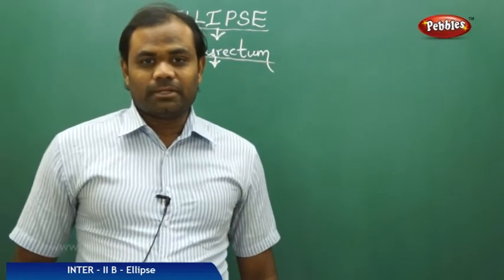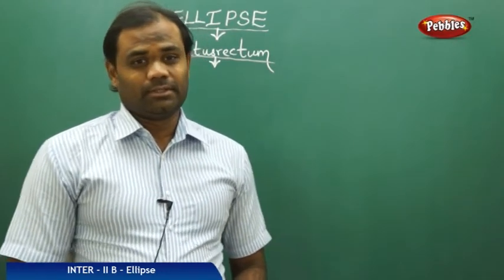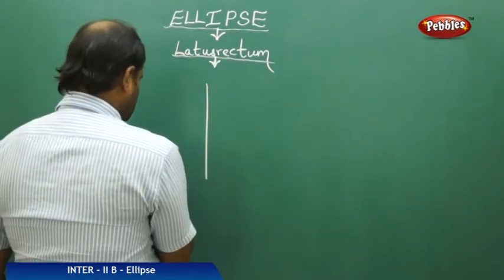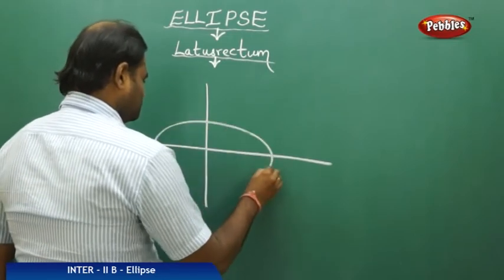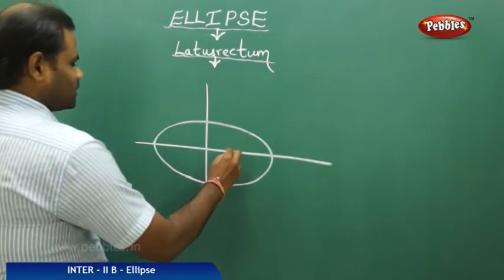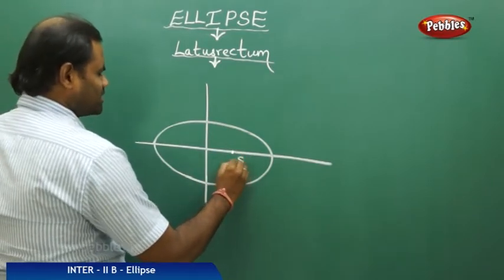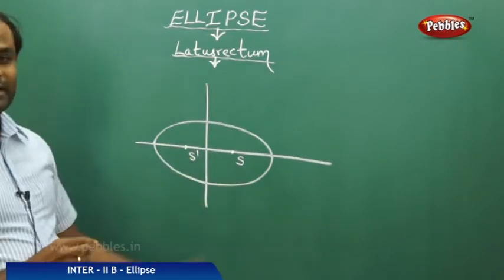Now, the latus rectum is a focal chord which is perpendicular to the major axis of the ellipse. So, for example, I have the ellipse with foci S and S dash.